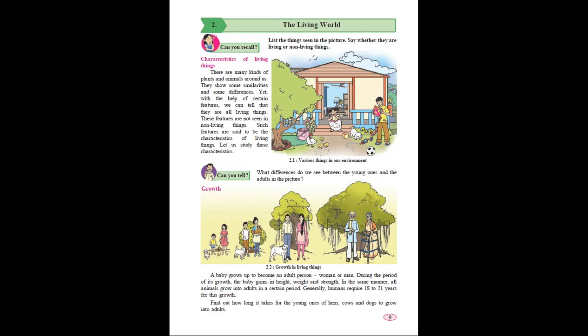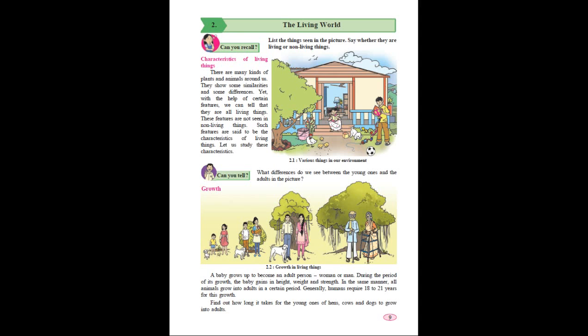Characteristics of living things: there are many kinds of plants and animals around us. They show some similarities and some differences, yet with the help of certain features we can tell that they are all living things. These features are not seen in non-living things. What does it mean that there are many kinds of plants and animals around us?